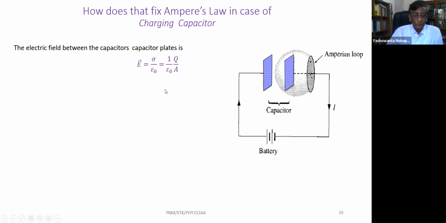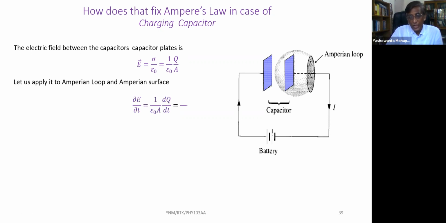So let us apply it to an Amperean loop as we had done earlier. If I take del E by del t, just the magnitude at the moment, it is 1 by epsilon naught A dq by dt, but dq by dt is nothing but I. So del E by del t is I by epsilon naught A.